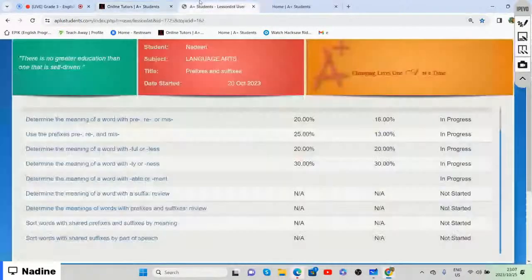Like I said, this is a continuation of the lesson that we did already, but under the chapter of prefixes and suffixes, there was a lot of lesson that we had to break down.